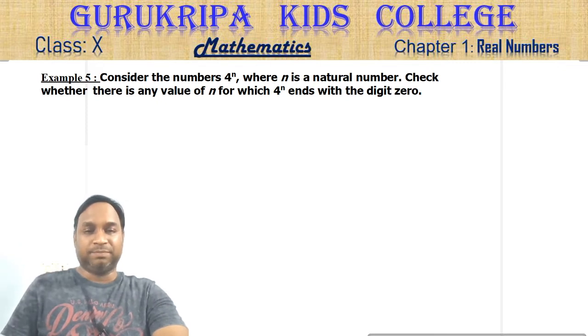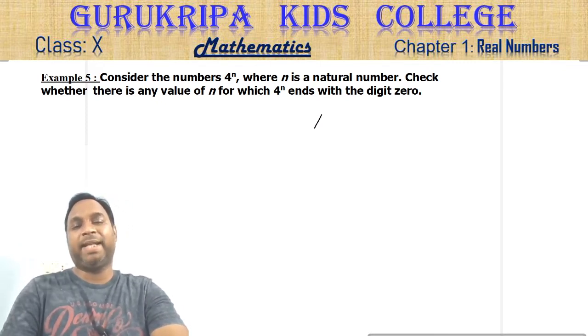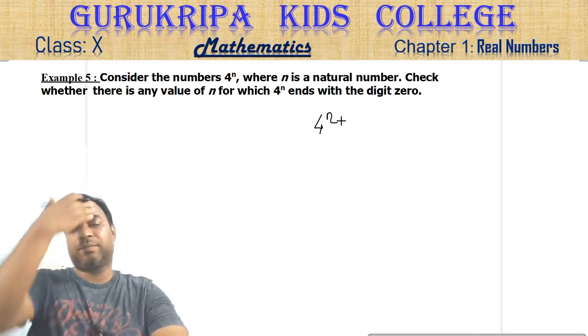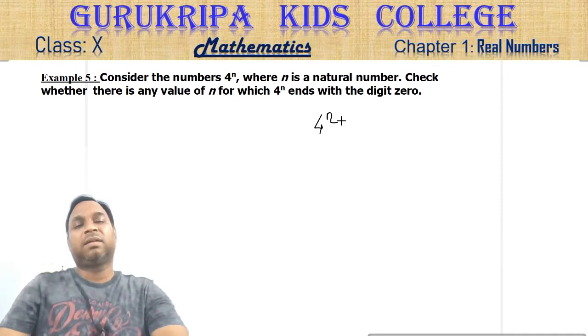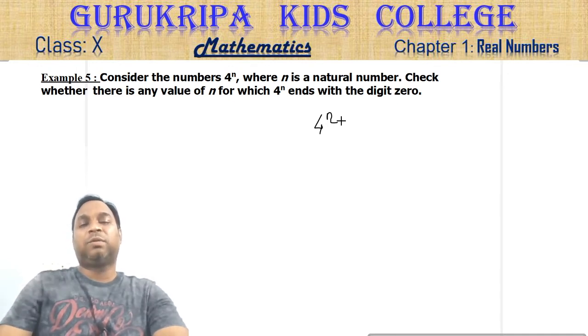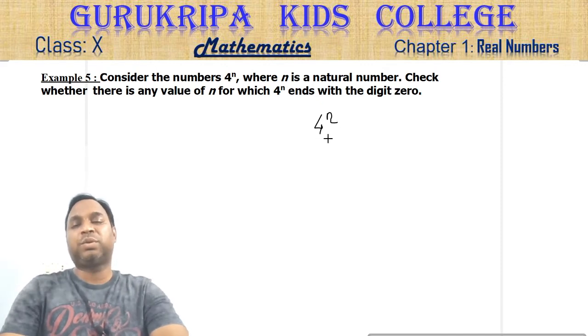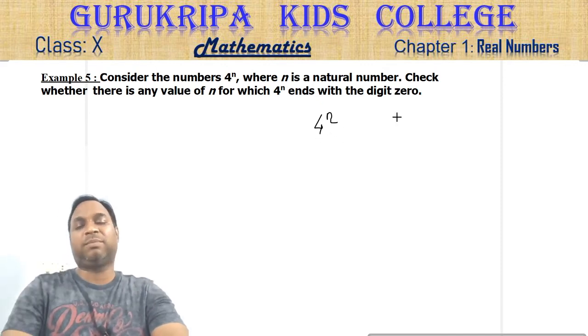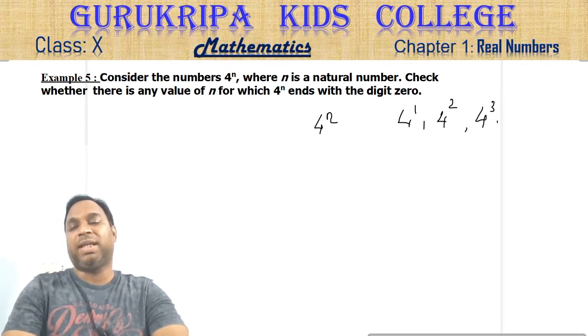So see this example. Consider a number 4 to the power n where n is a natural number. Check whether for any value of n, 4 to the power n ends with digit 0. So 4 to the power n can take any natural number value. So it can be 4 to the power 1, 4 to the power 2, 4 to the power 3 and so on.